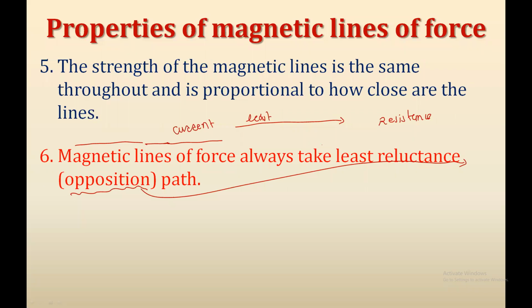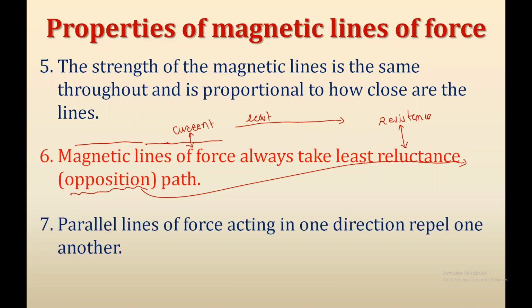That term also comes in the next discussion, but you should know that this is also a property. It means that resistance is analogous to reluctance, and current is analogous to the magnetic lines of force, if you try to compare them. Get my point? So this is the sixth property of the magnetic lines of force.